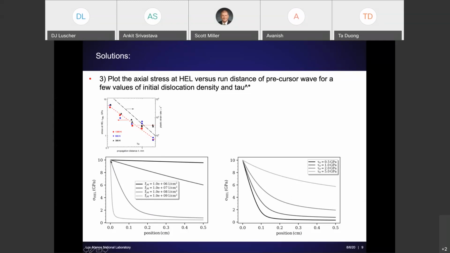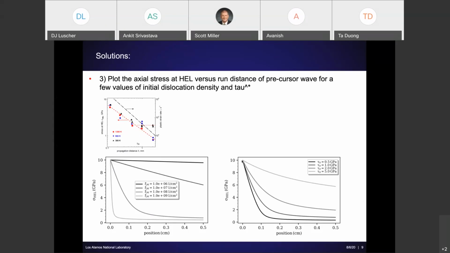And if we did not know one, there would be some additional solution techniques we would use to estimate what that magnitude would be for a given shock loading. But without having specified that, I just picked a value of 10. So we say 10 GPa at a propagation distance of 0, and then I solve the differential equation, which I'll go into more details in a minute.